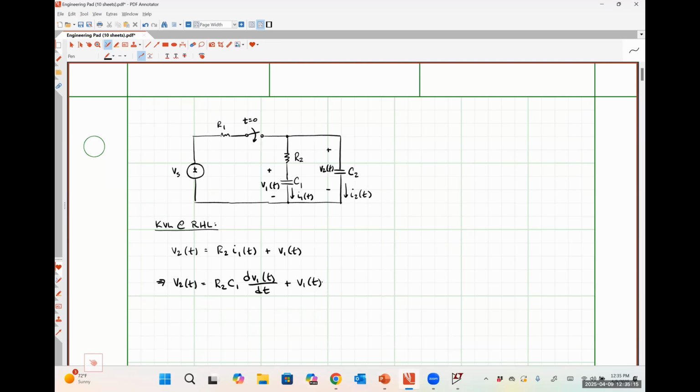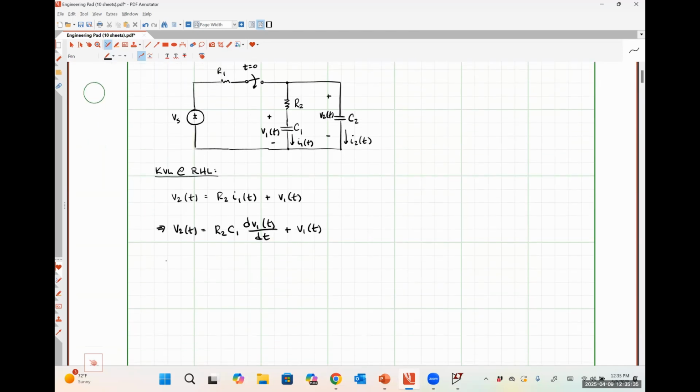The next thing I might do is, again, very similar to what we did on Monday. I'm going to apply Kirchhoff's current law at that topmost node, top middle node, essentially. So I'm going to say that the current flowing in is equal to the currents flowing out, where the currents flowing out are just those two capacitor currents, right? So KCL at top middle is going to look something like this.